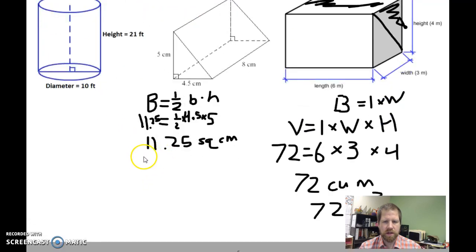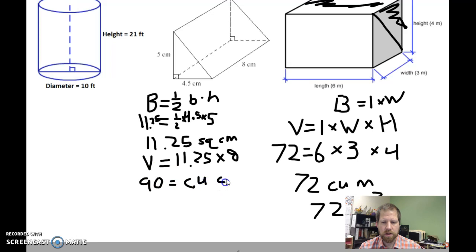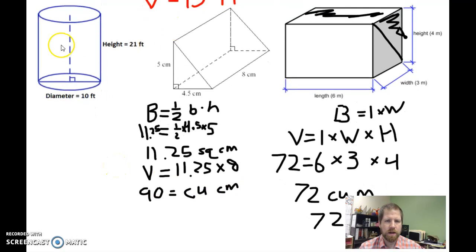So my volume is equal to my big base, which I found was 11.25, times my height, which was 8, and that's going to equal 90. And again, that's going to be 90 cubic centimeters.